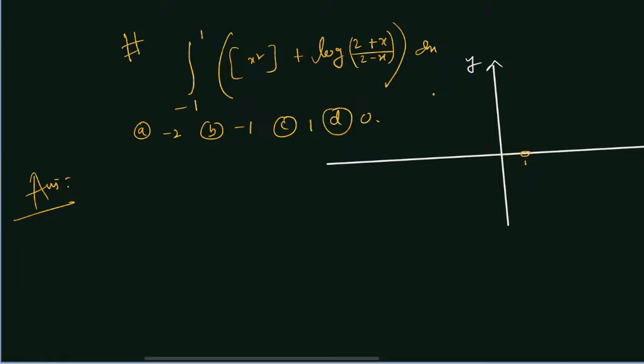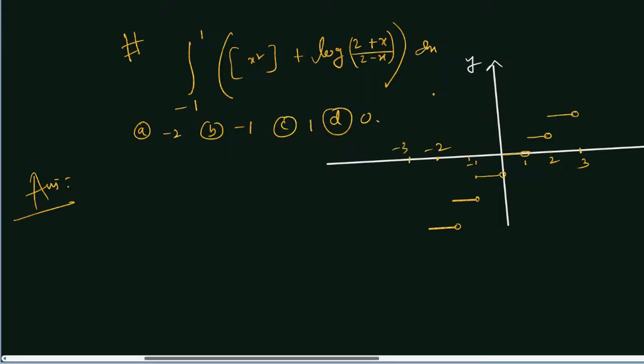Still 1. Then it is still 2. Till 3. This is till minus 1. This part minus 2. Hope you all remember. And this part for minus step function.